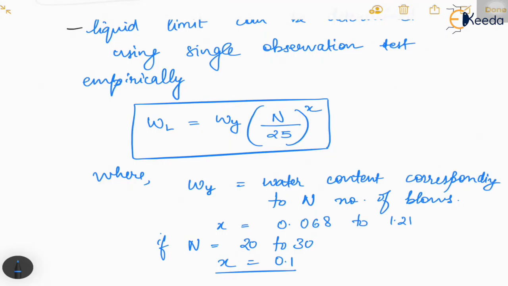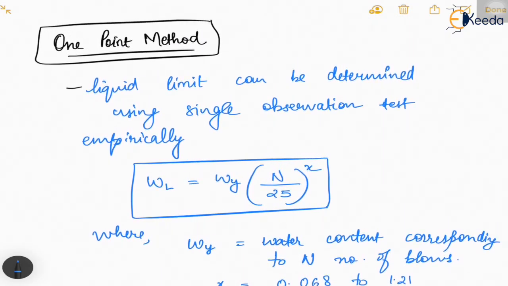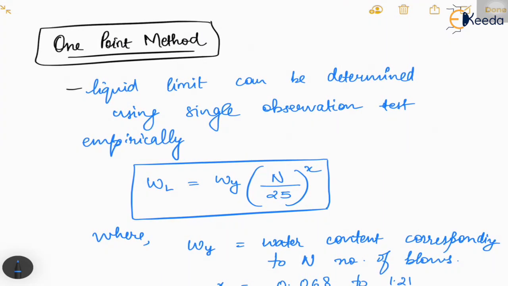So it is a very time saving method, since we are getting approximately the same result as I have observed, and this empirical relation can be used to quickly calculate the liquid limit values for a given soil sample.